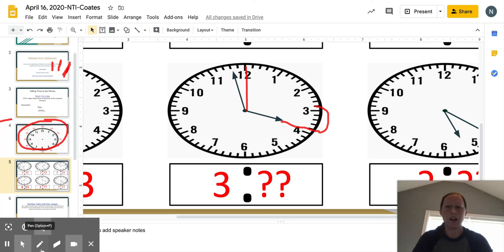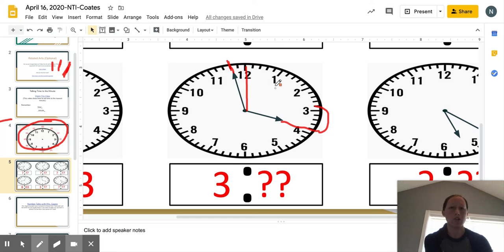Now I'm looking at my minute hand, and it's right here on this little tick mark. So I'm going to count around. I'm going to use my benchmarks, my bigger numbers, to help me figure out what time it is. So remember, 1 is 05, 10, 15, 20, 25, 30, 35, 40, 45, 50, 55 is the 11.